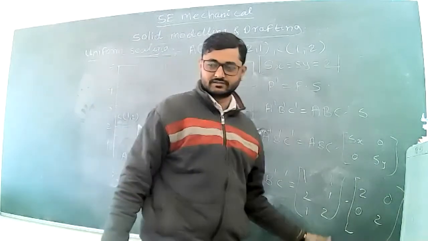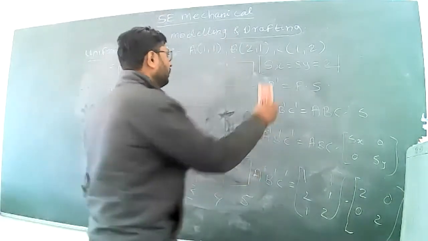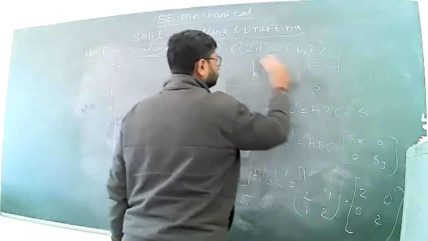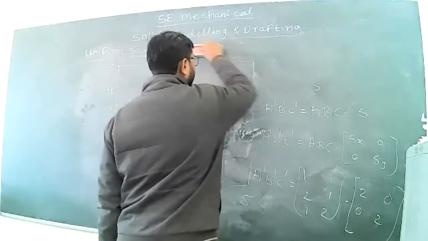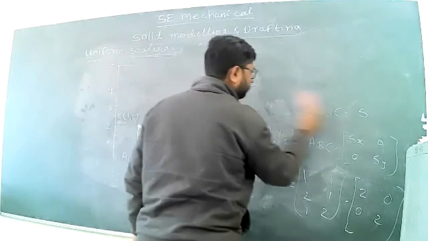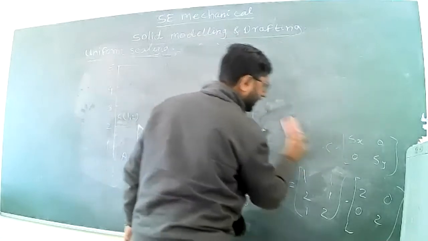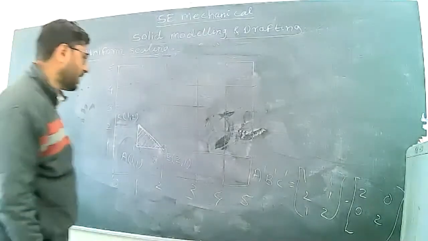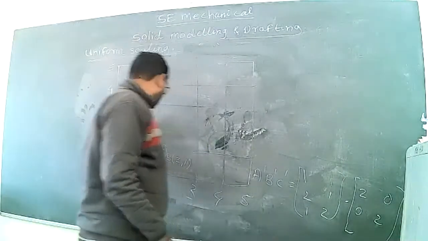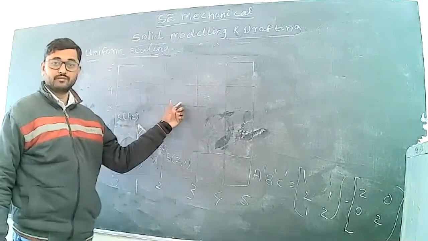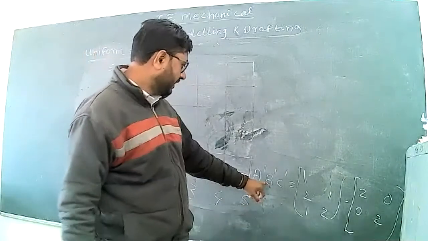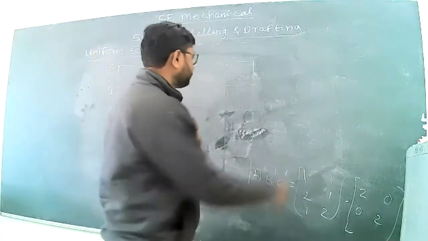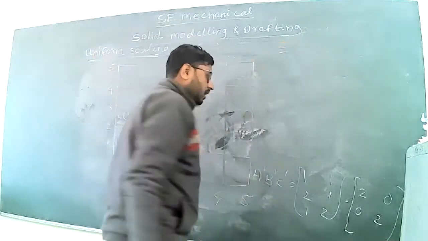We have to solve this matrix for getting the new points for the triangle, that is A dash, B dash, C dash. Means we have to transform this old triangle to the new triangle by using scaling. So A dash, B dash, C dash is equal to, we have to solve this matrix.